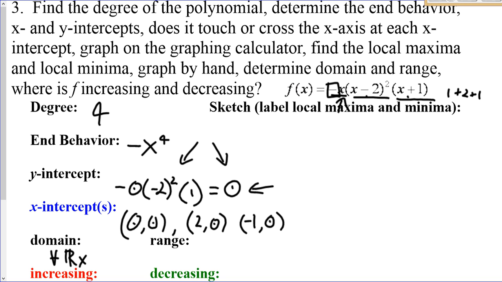So when I sketch this, I'm going to graph some of my zeros. So I have a zero at 0, 0. I have one at 2, 0. And at -1, 0, I have another one. Okay?